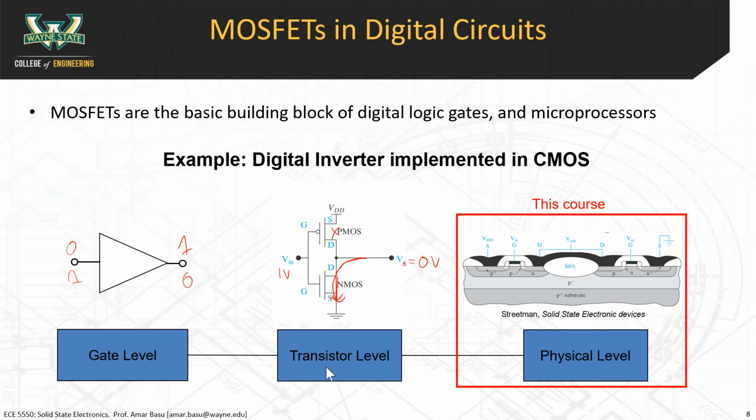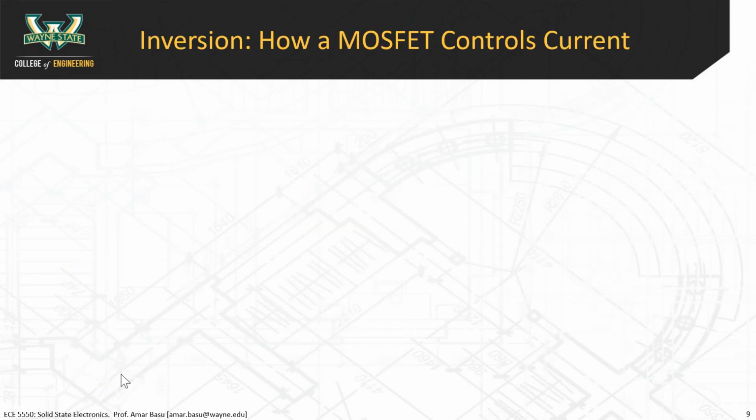So electronics design is very hierarchical this way. The device engineers and the process engineers work at this level, the circuit design guys work at this level, and then the digital logic and the computer architecture guys work at this level. Massive team of engineers working on systems like this.